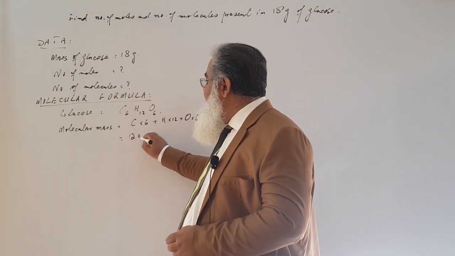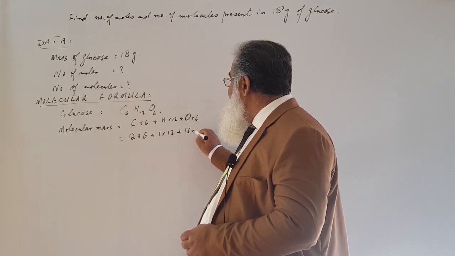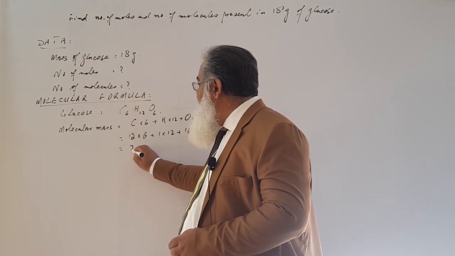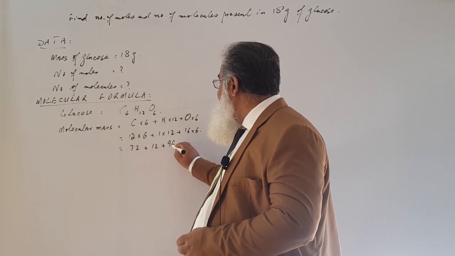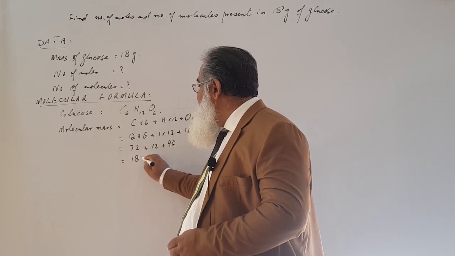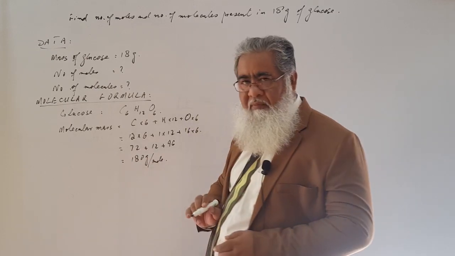Substituting the atomic masses of every element in this formula, we can find the molar mass of glucose, and that becomes equal to 180 grams per mole.